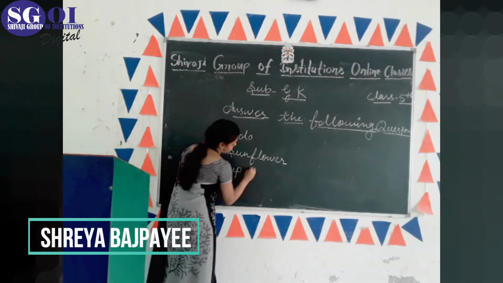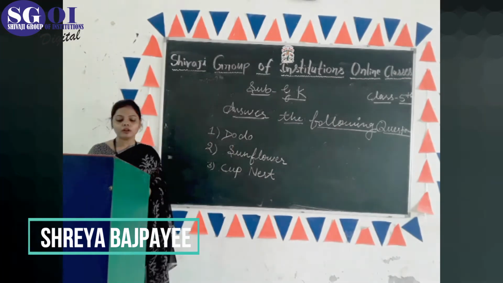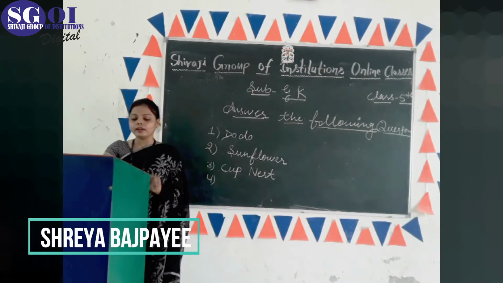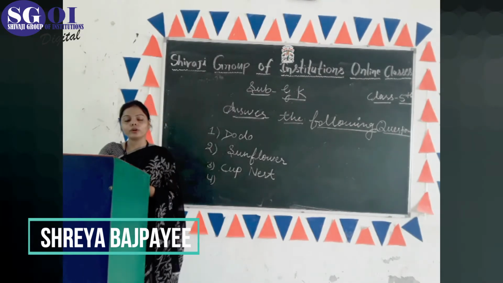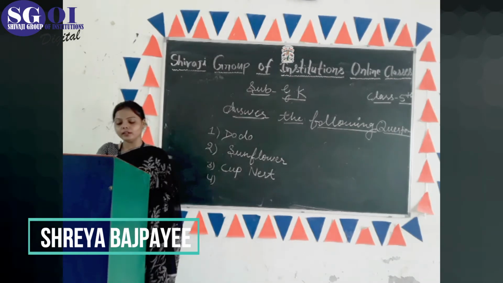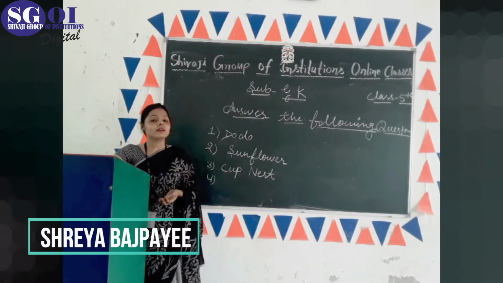Okay. Now fourth question: it is a golden spice loaded with health benefits. It is a natural blood purifier. The answer is here: turmeric.